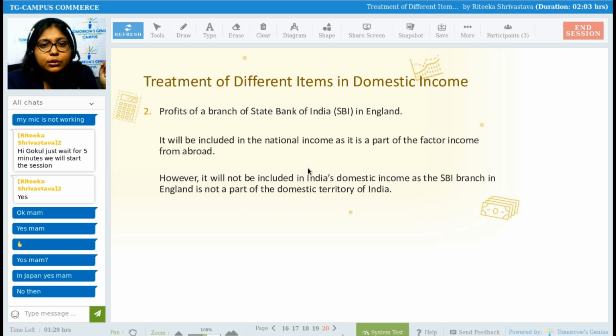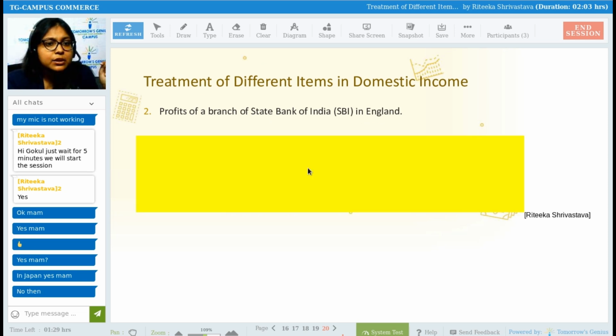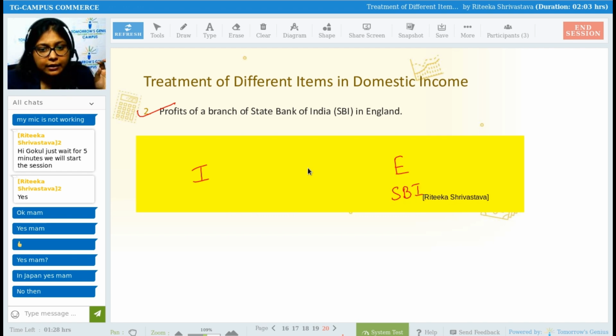Next one, you all have to answer. Question says, profit of a branch of SBI in England. Profit of a branch of SBI. Now this is India. This is England. SBI is an Indian company but situated in England, and this bank has gotten profit.